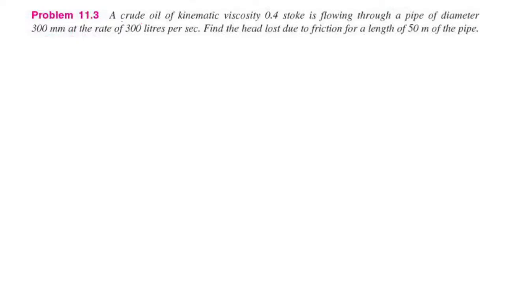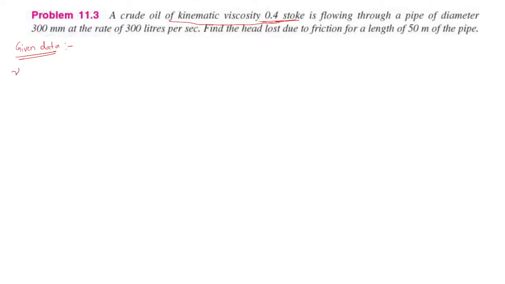Okay, so another problem which I have highlighted over here. Let's read this problem. A crude oil, so here it is not water, it's a different fluid, crude oil with kinematic viscosity. Again see here they have given a viscosity. Let's start writing the given data side by side.